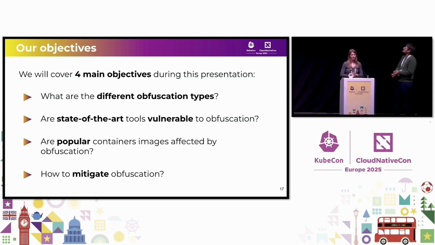Then we will study different state-of-the-art tools to see whether they are vulnerable to obfuscation. So we look both at cloud-based and open-source tools. We also analyze real and popular container images to see whether they actually contain obfuscation and may be deployed in production. And finally, we propose countermeasures and mitigation to avoid container obfuscation when building the images.